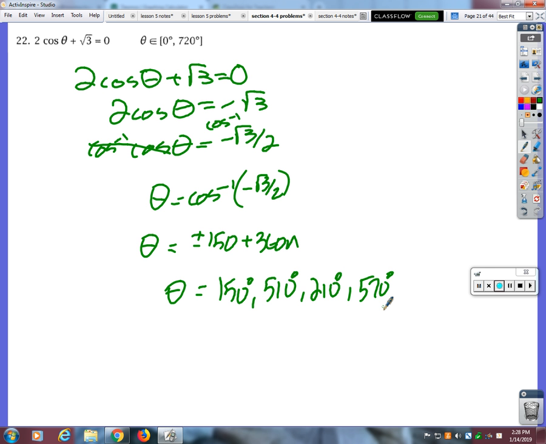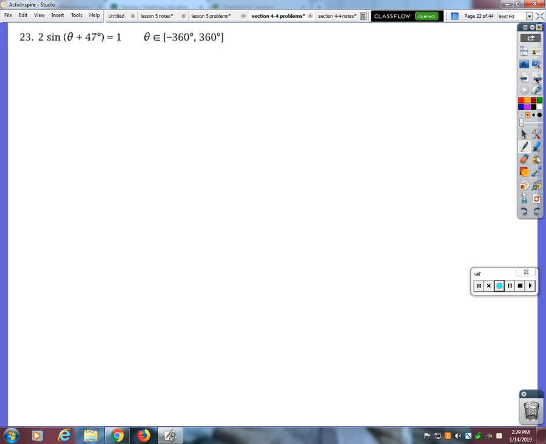Okay, one more together, and then you guys can do the last 3 by yourselves, you think? Yeah? Okay. Oh, that's kind of weird. What's the first step? Nope, because it's divide by 2. Yeah, it's the sine of that. It's not the sine times that. So we're not distributing.